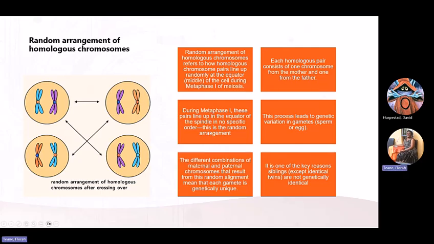So they line up at the equator in no specific order, and we refer to that as random arrangement, which leads to variation in gametes. The different combinations of maternal and paternal chromosomes that result from this random alignment mean that each gamete is genetically unique.